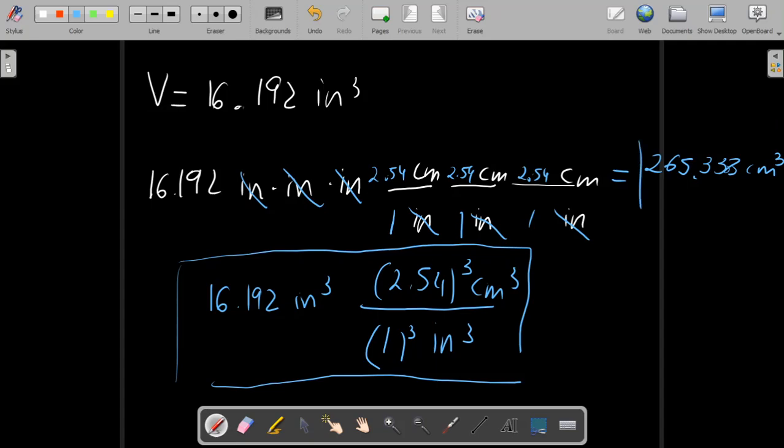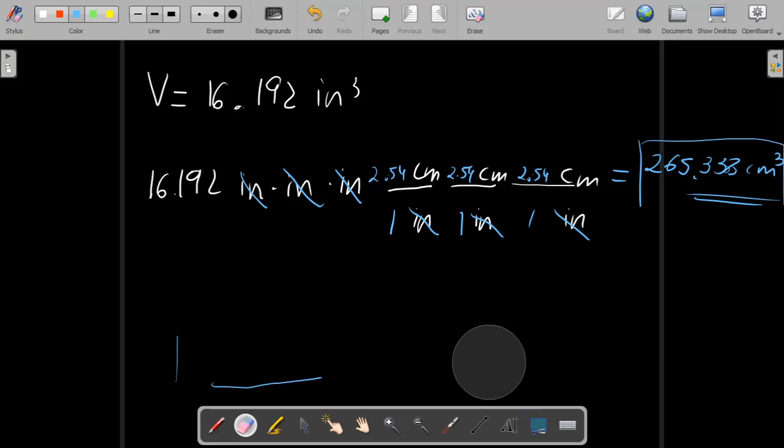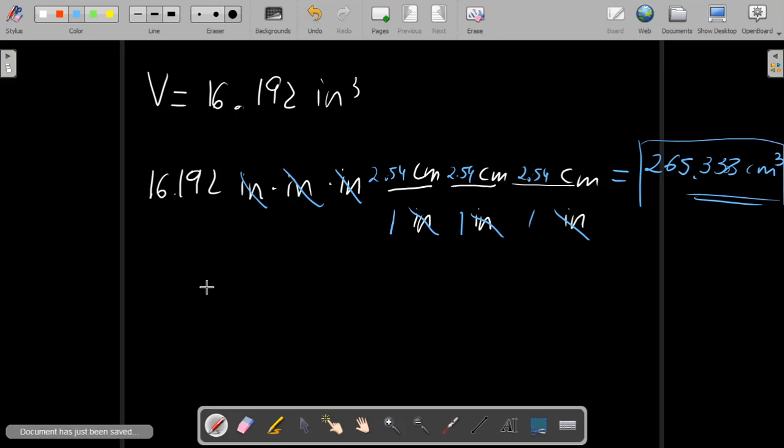Are we done? No. They didn't want the answer in cubic centimeters. So let me erase this section here at the bottom so we have some space to keep converting units. Just keep on going. Where are we going? Well, before I can go to liters, I need to convert those cubic centimeters into milliliters.